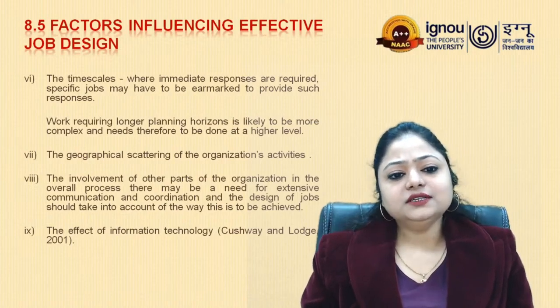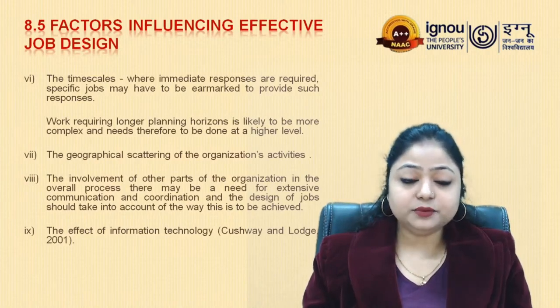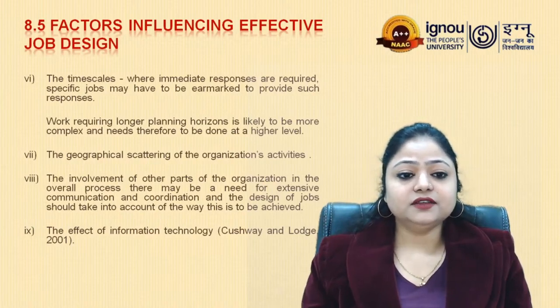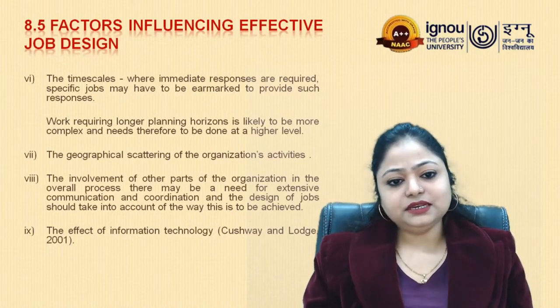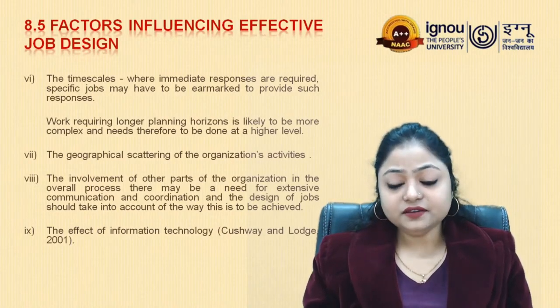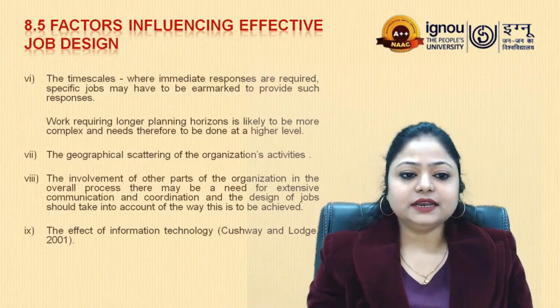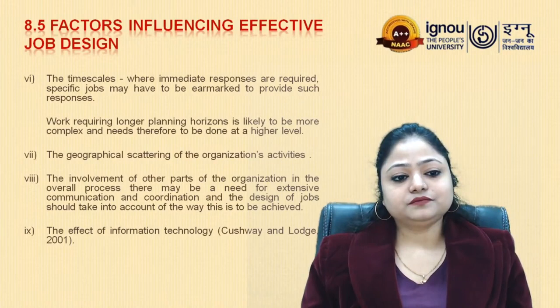Then there's geographical scattering of the organization's activities. If the organization has multiple branches and each branch is conducting a different set of actions, then job design must be done in such a way that all these branches are connected together. And if they are scattered, then the job design must cater to the demand of this particular factor of the organization.